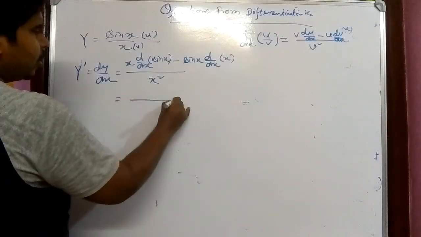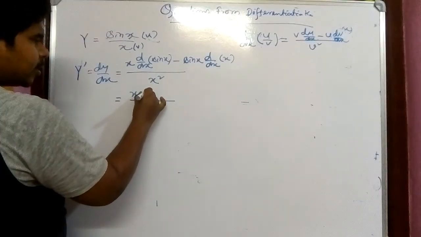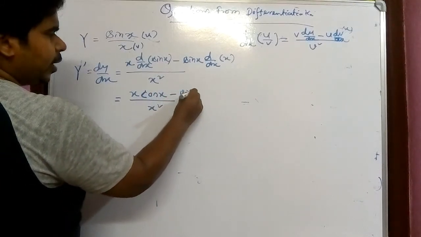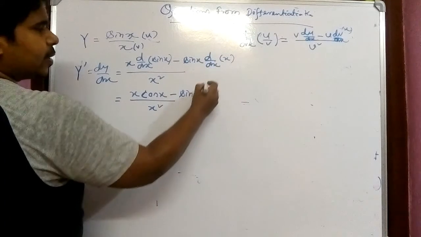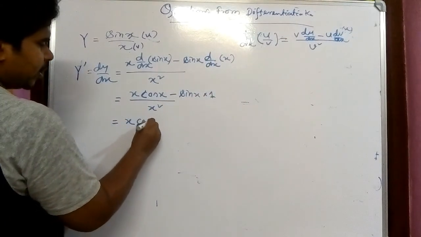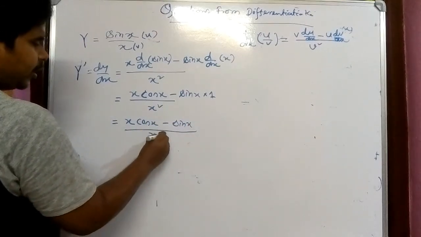So here you see, x square, x times differentiation of sin x is cos x, minus sin x, and d/dx of x is 1. So your answer will be (x cos x minus sin x) by x square.